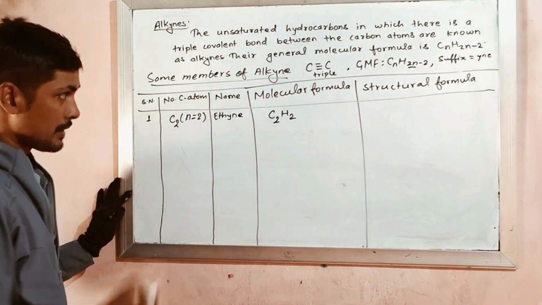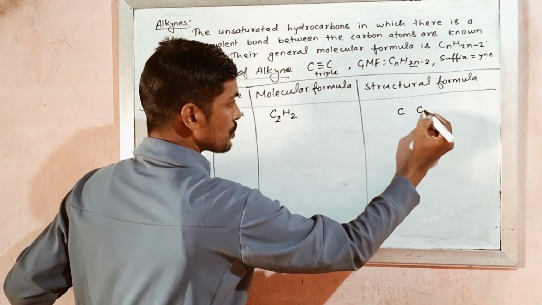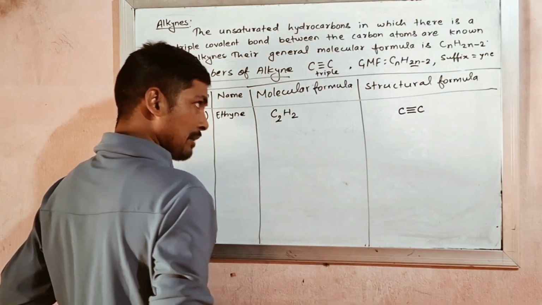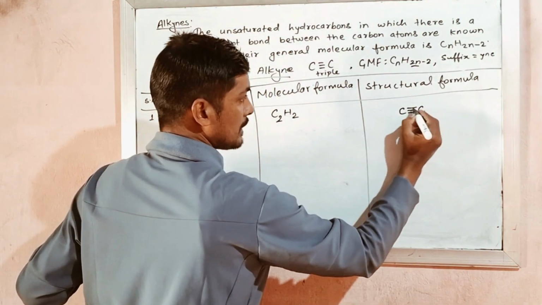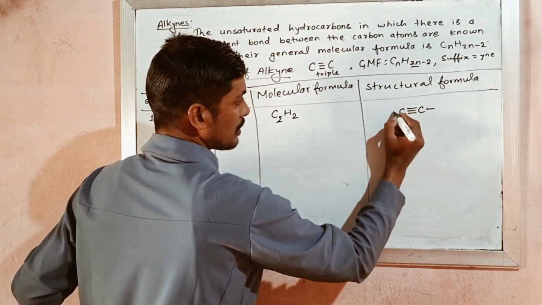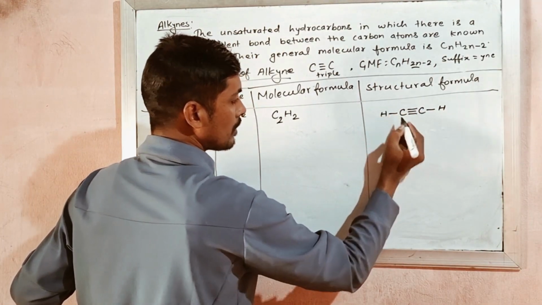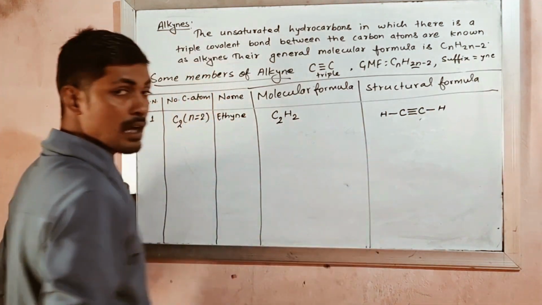C2H2. Now, first of all, we have to make 2 carbon atoms, 1, 2. Between the carbon atoms, a triple covalent bond. And after that, complete 4 bonds on each carbon atom. Here we can complete the 4 bonds like this. We can keep the hydrogen here also, anywhere as we wish.